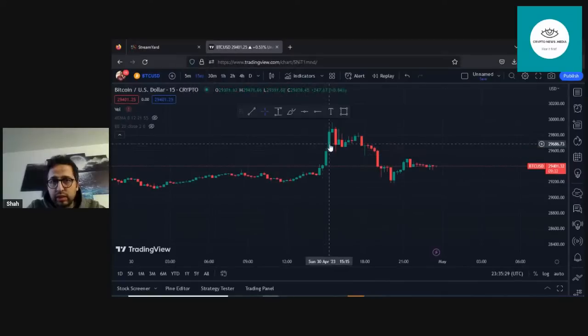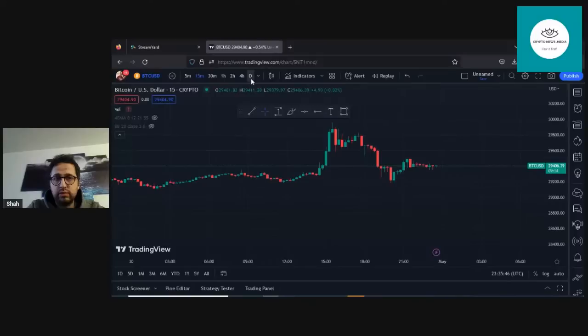So this candle is a 15 minute candle. Each of these candles are 15 minutes. If you click on 4 hours, then each candle will be a 4 hour candle. And if you click on a day, then it will be a daily candle.